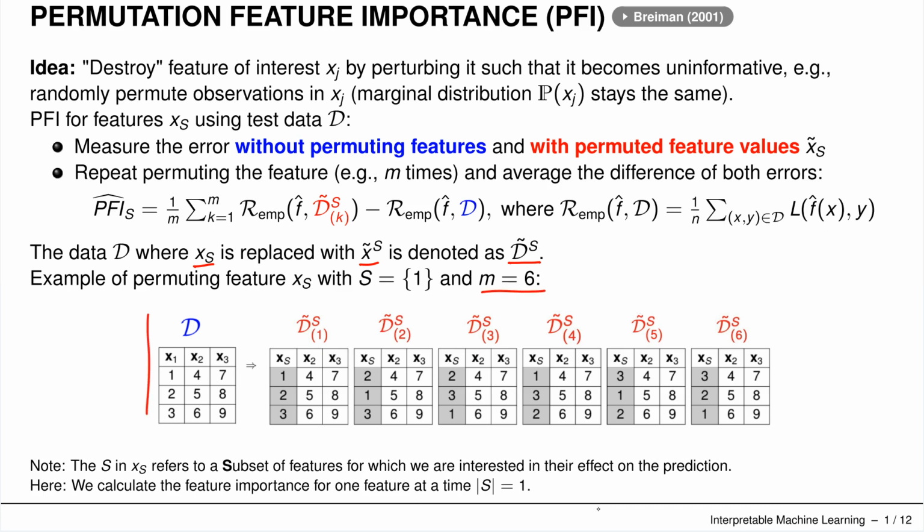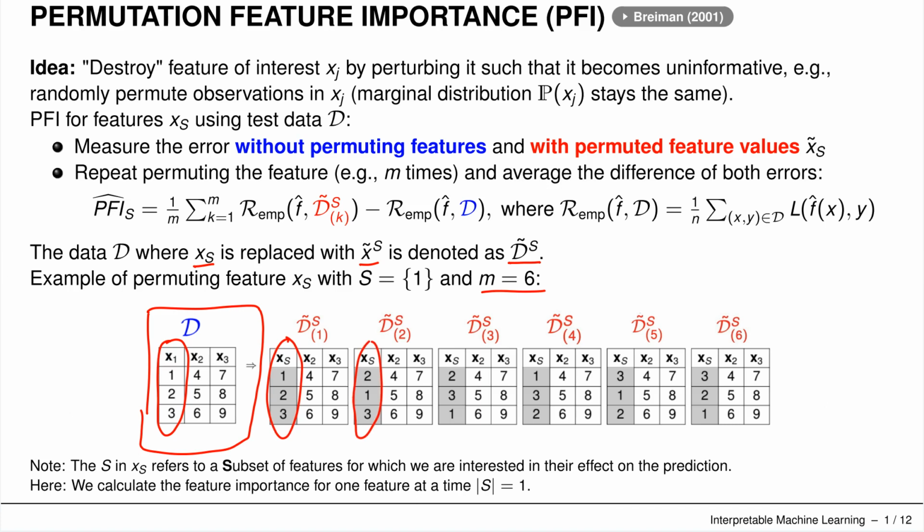Then we start with the original data set and we permute the feature X1. And if we only have 3 observations, we have 6 possible permutations. The first one would be to actually not permute, and then we also have 5 other options.